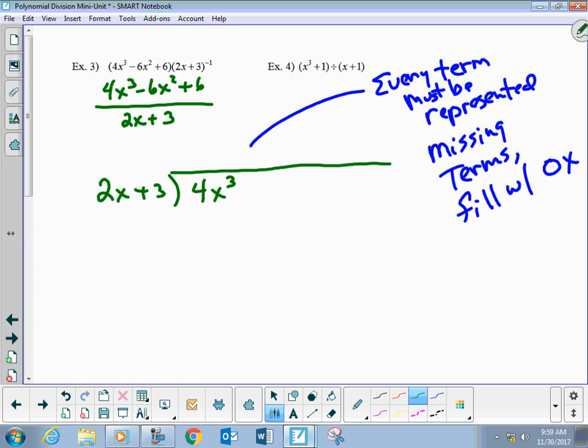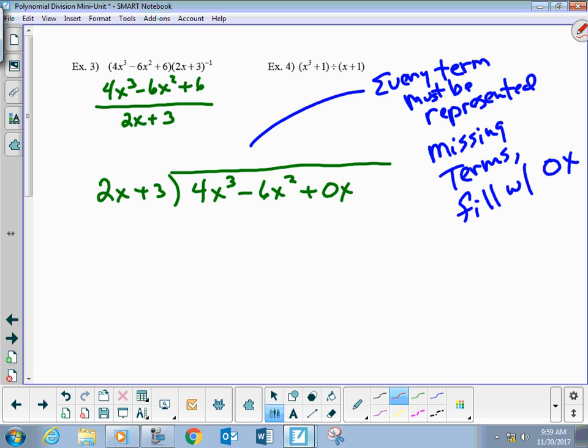So when I look, I have x cubed. The next term I'm looking for is an x squared. Do I have one in the problem? The answer is yes. I have minus 6x squared. Now I need an x term. Do I have one? No, I am missing that, so I am going to fill with a 0x.